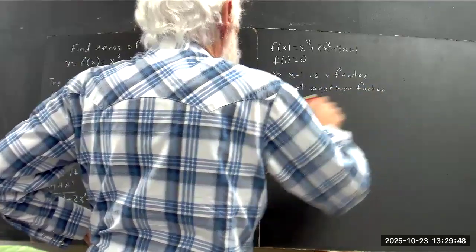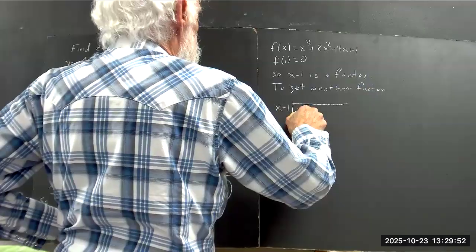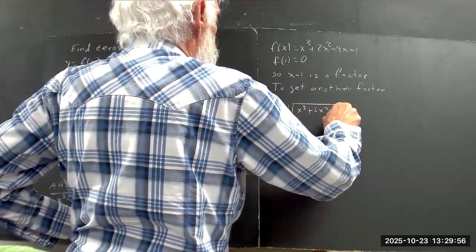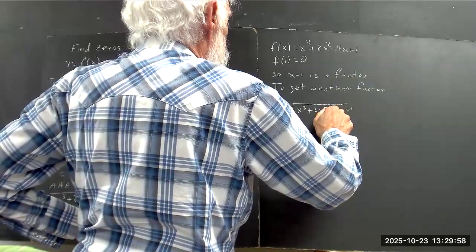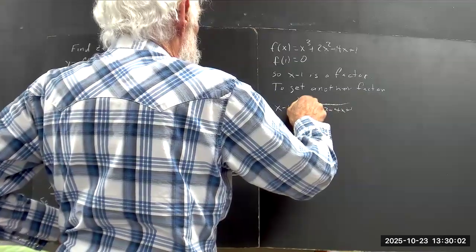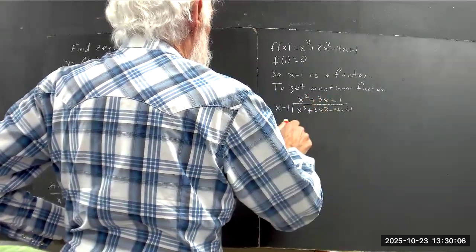To get another factor, we do x minus 1 divided into x cubed plus 2x squared minus 4x plus 1. And we get x squared plus 3x minus 1.